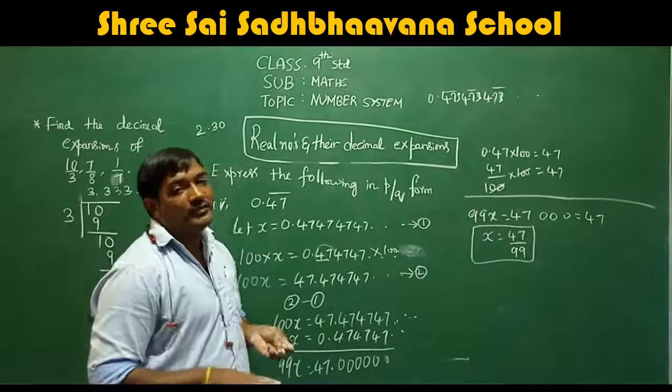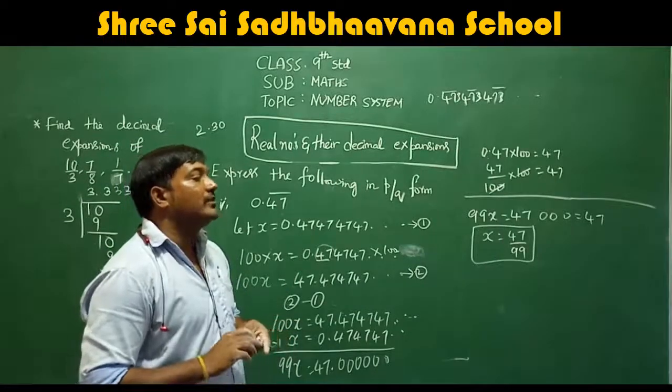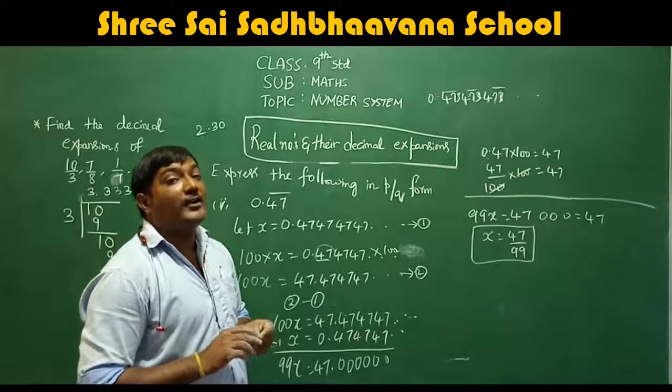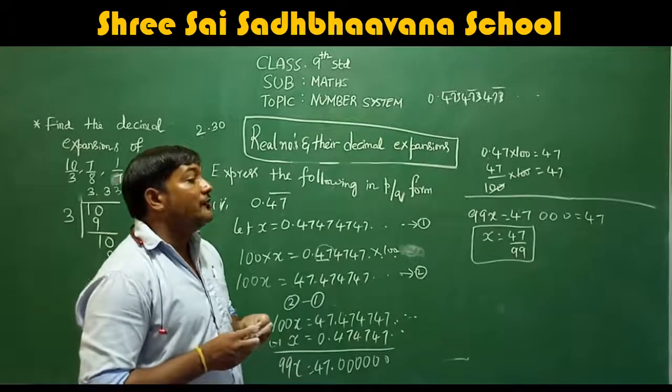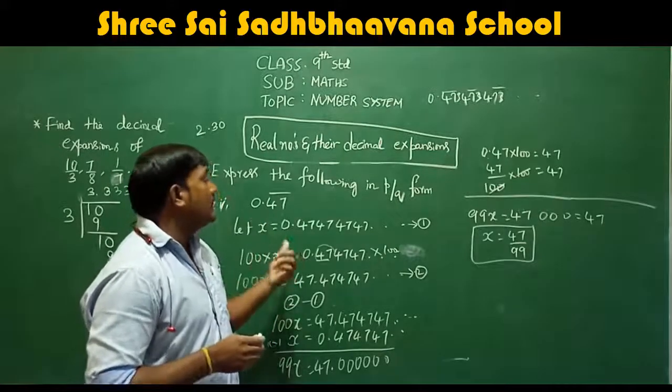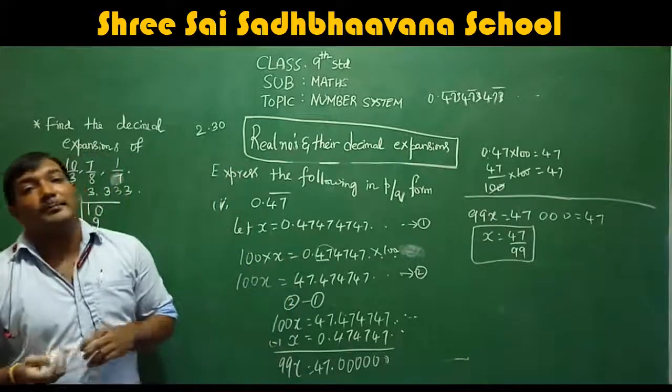So 99x is equal to 47, so x is equal to 47 by 99. So we have shown 0.47 repeating in the form of P by Q.